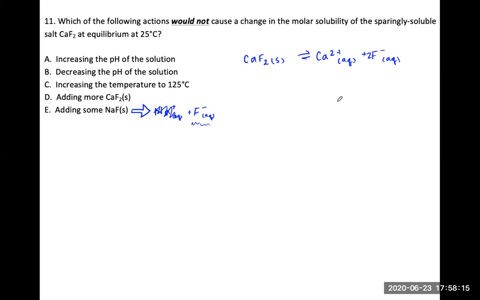So if we were to add sodium fluoride in, it would be increasing the amount of a product we have. And so it would shift our equilibrium more to the left. We'd become less soluble. And so that would change things. And so again, we're left here with D, which is the correct answer, that adding in solid calcium fluoride won't change our solubility.